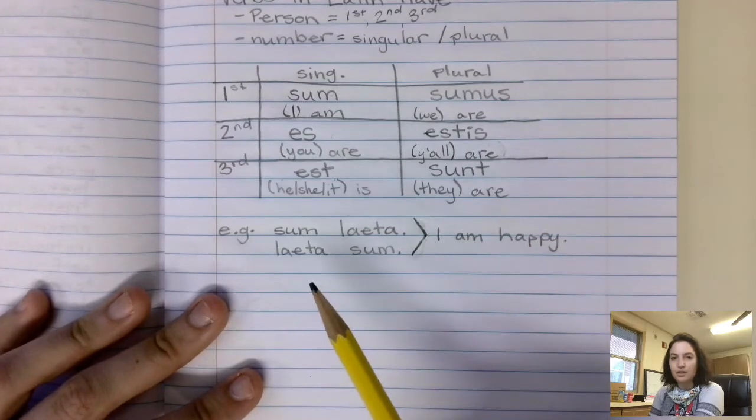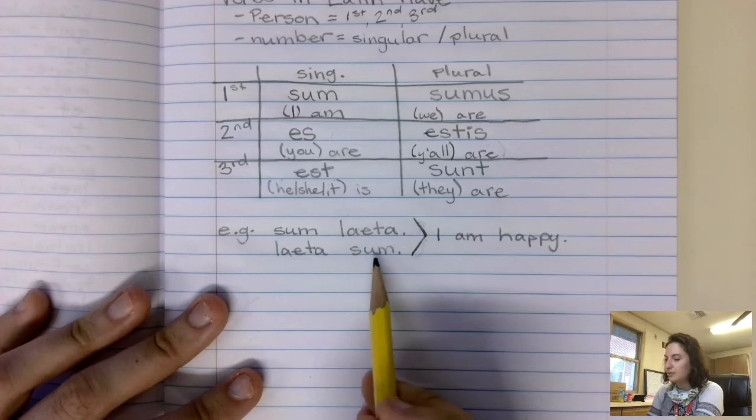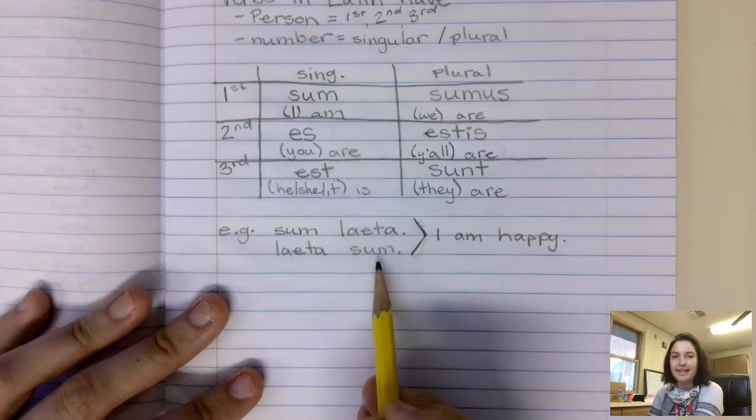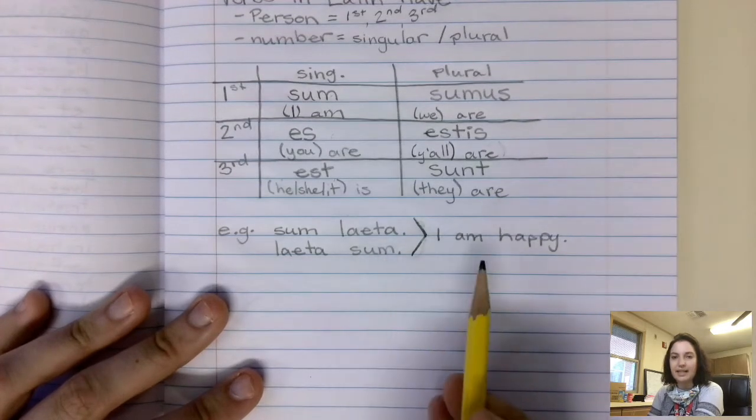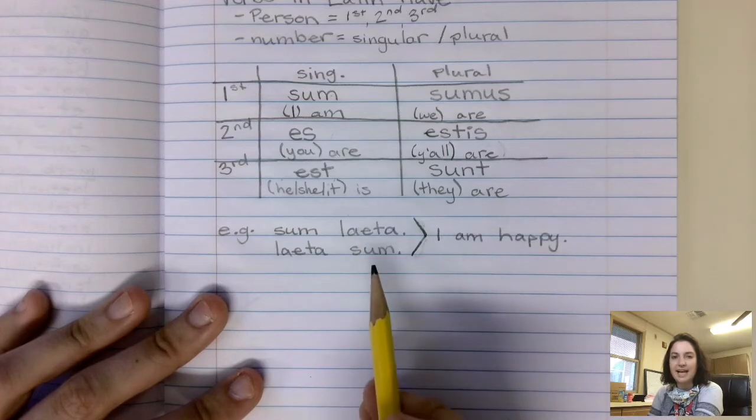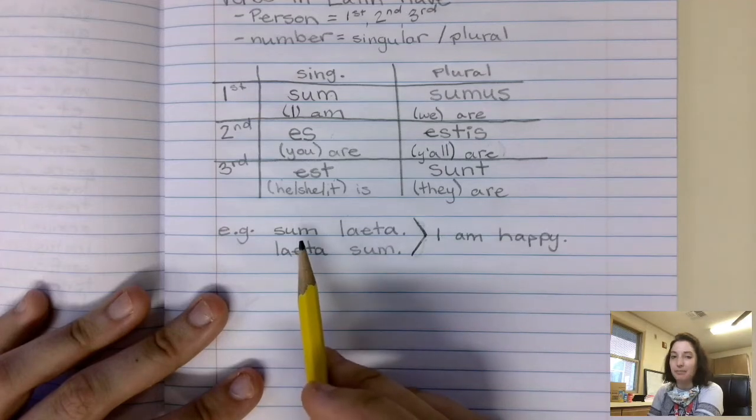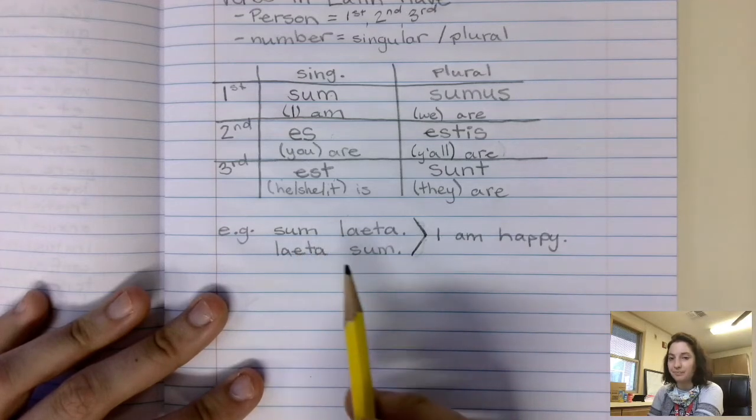And so normally, you will see Latin verbs at the end of a sentence. In English, they go near the beginning. But in Latin, they usually go at the end, but it doesn't really matter where you put the verb.